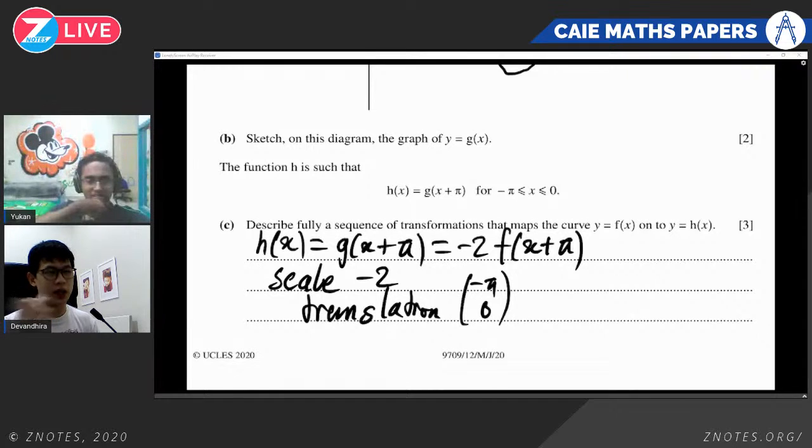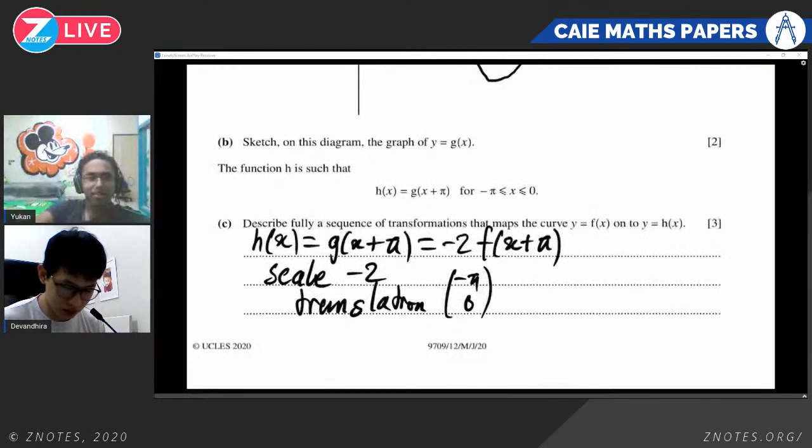But I thought it's in the x-axis, so it should be like that, right? Wait, in the x direction. That means it should be on top, right? In the x. Yeah. Okay. Yeah, should be like this. All right.